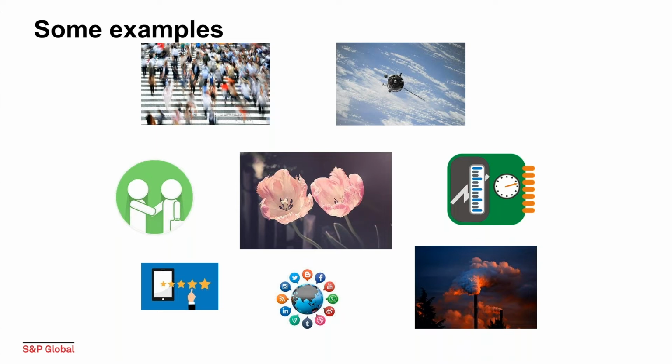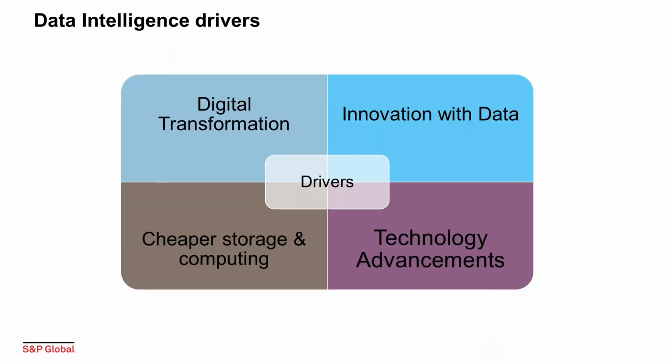So these are all unconventional data sources and innovative use of data to really gain some value, right? So what are the actual drivers in the industry that are causing a momentum of data intelligence? If we classify, it becomes these four factors.